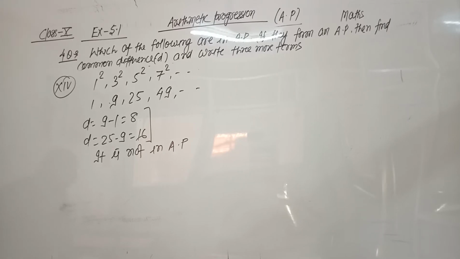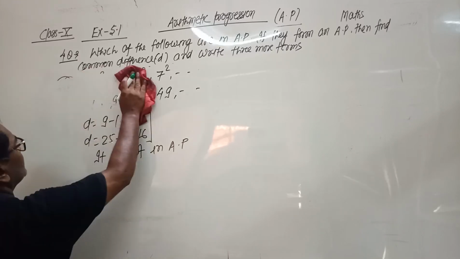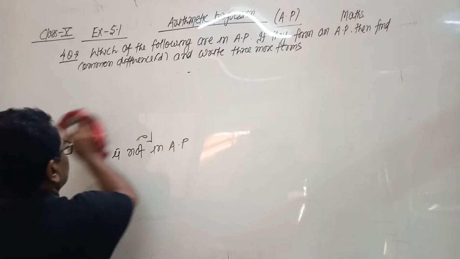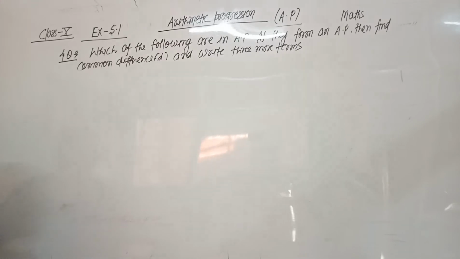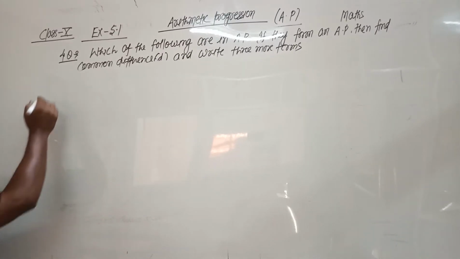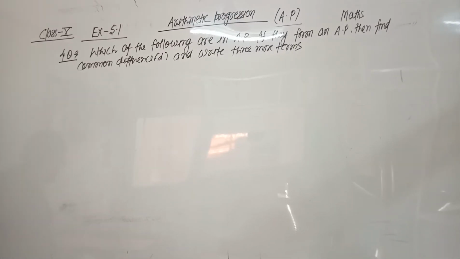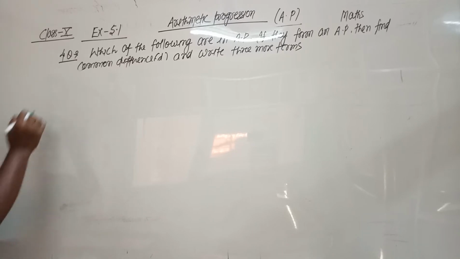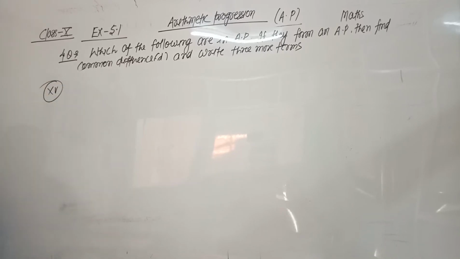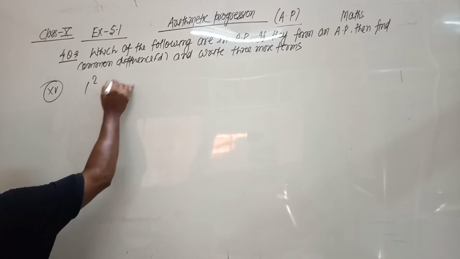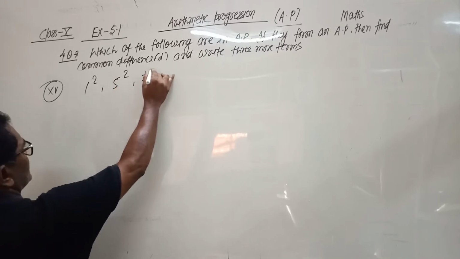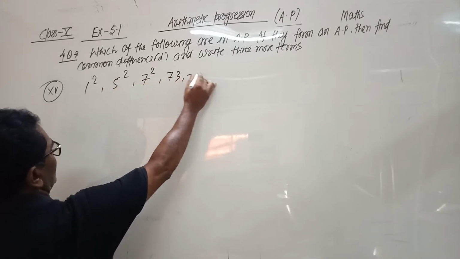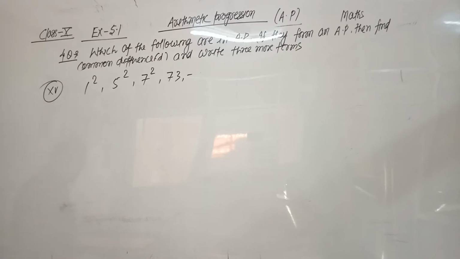Part 15. This is 1 square, 5 square, 7 square, 73.